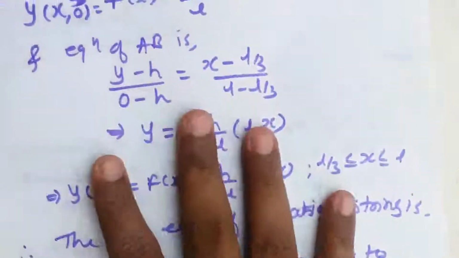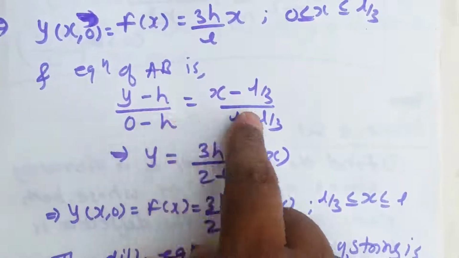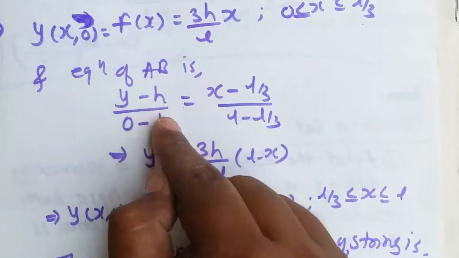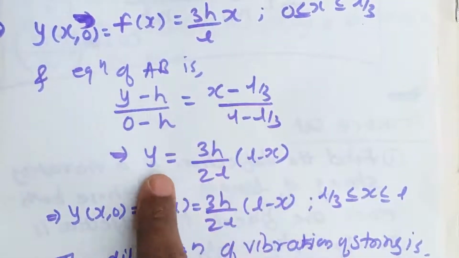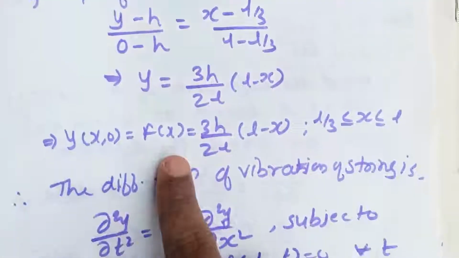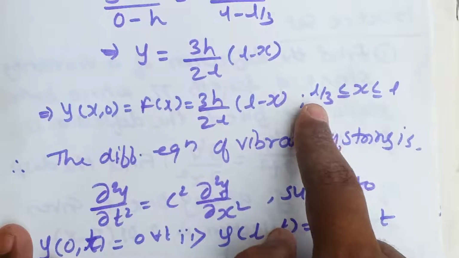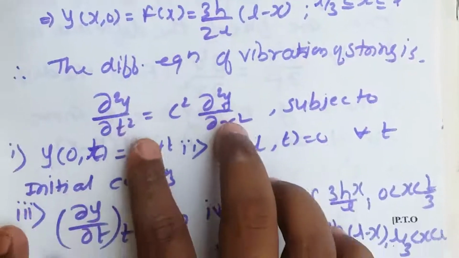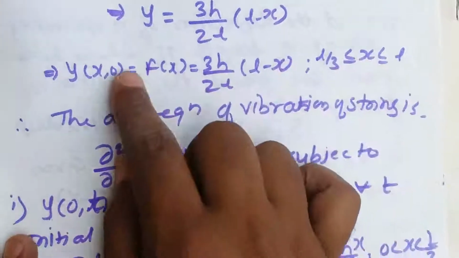For the second line from A to B, if you use the similar formula, if you consider A as the first point x1, y1 and B as x2, y2, you'll get the value of y as, after simplification, 3h by 2L into (L minus x). That means y(x,0), that is f(x), will be 3h by 2L into (L minus x) from the point L by 3 to L. Now we have the value of the initial displacement at t equal to 0.